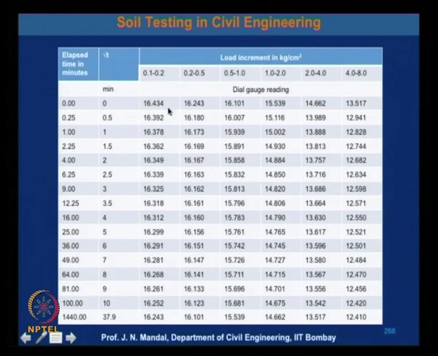This is the dial gauge reading starting from 16.634, then at a time of 0.25, your dial gauge reading is 16.392. Like that you continue after different elapsed times, you take the dial gauge reading for a loading of 0.1 to 0.2 kg per centimeter square. You take the reading, and this last reading is about 16.243.